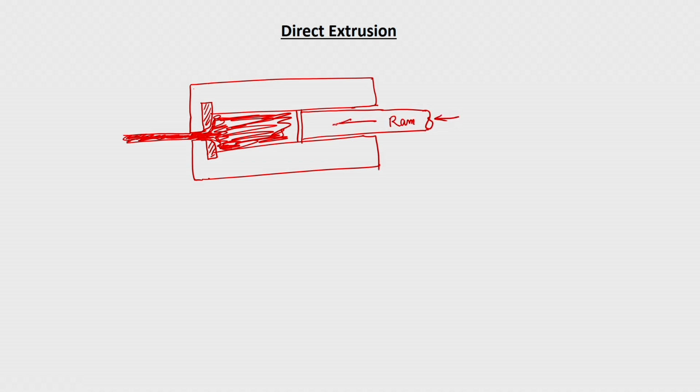This ram will be moving in this direction. This is called the pressure plate. This is the high pressure cylinder. And this is the extrusion which comes out. So, this is the basic die which is coming here.